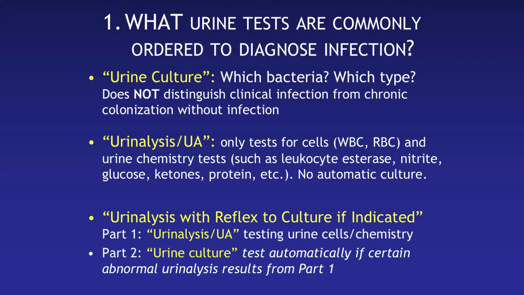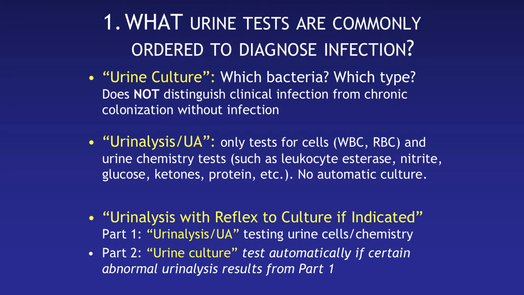All UTIs that generate prescriptions for antibiotics should be confirmed with urine cultures so that antibiotics can be stopped if the culture is negative, and to check for how well the antibiotic chosen will treat the UTI, because antibiotic resistance is increasingly common, especially for UTIs diagnosed in patients requiring hospital or nursing home care.